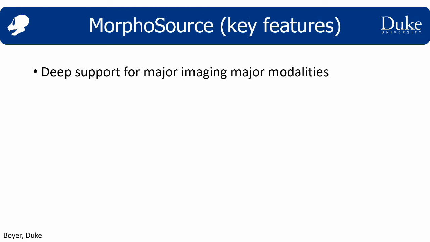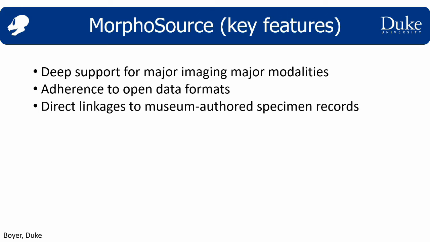So some of the key features as an overview here: while we support 3D data formats, we also provide support in terms of metadata and data model for major imaging modalities, from CT to photogrammetry to a variety of surface scanning modes. We adhere to open data formats, and that's part of ensuring preservability of the data and actually equitable access.